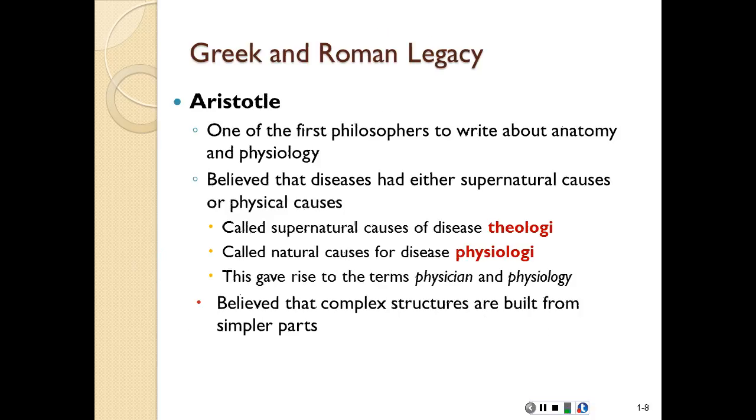Then we have another gentleman called Aristotle. Of course, he's from Greece, and that was around 350 BC. He tried to identify unified themes in nature, and he's one of the first physiologists to write about anatomy and physiology. He believed that diseases had either supernatural causes or physical causes.